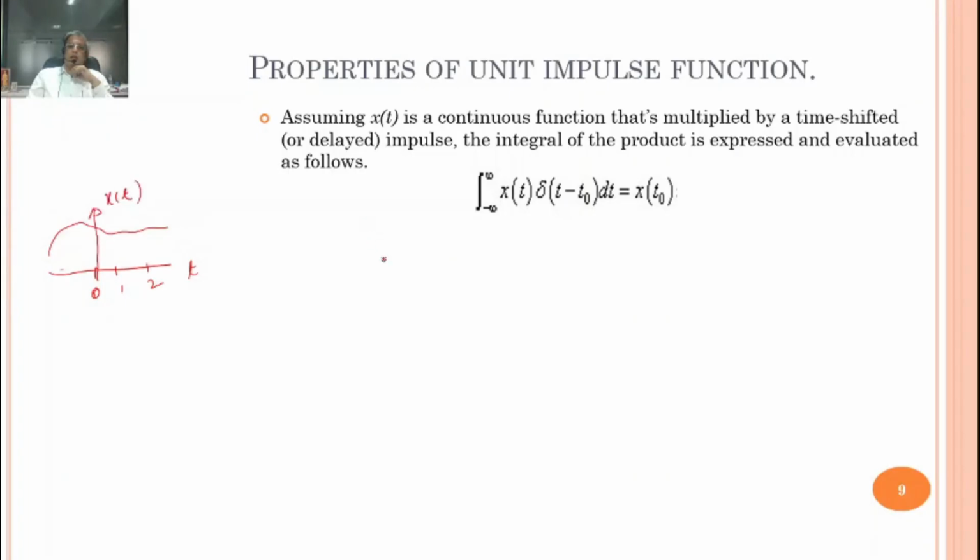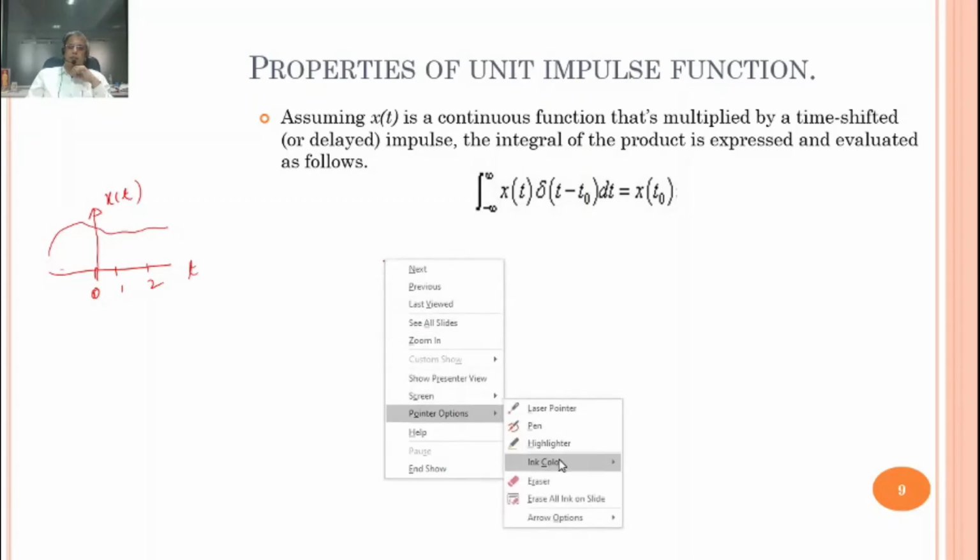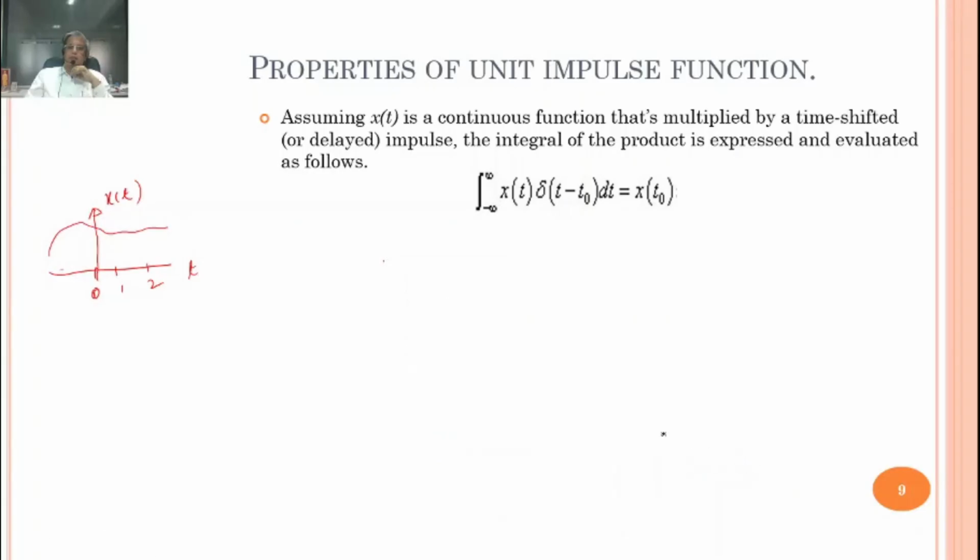And then the other function is the delta function, which is multiplied with this, and the delta function exists at t equal to 0.